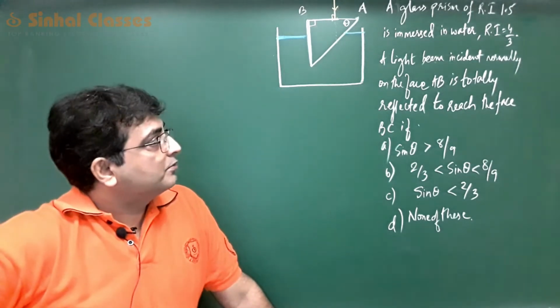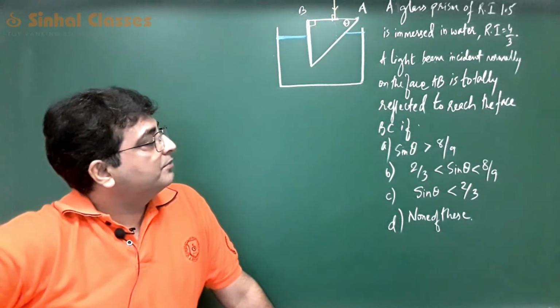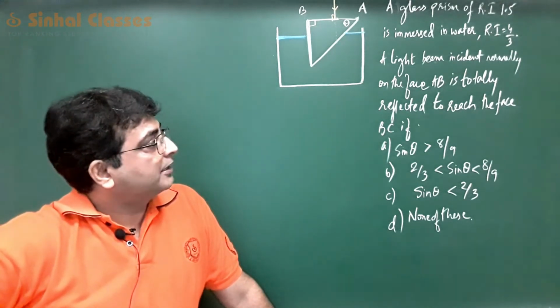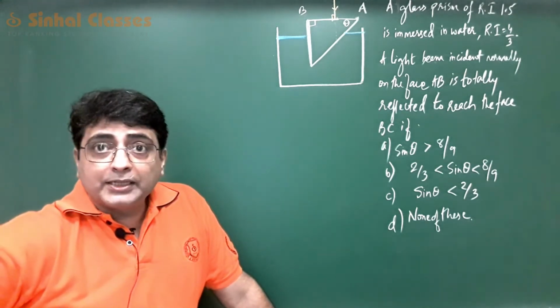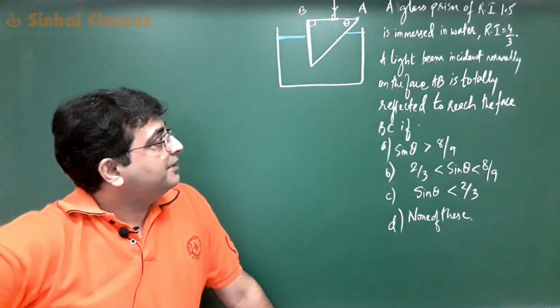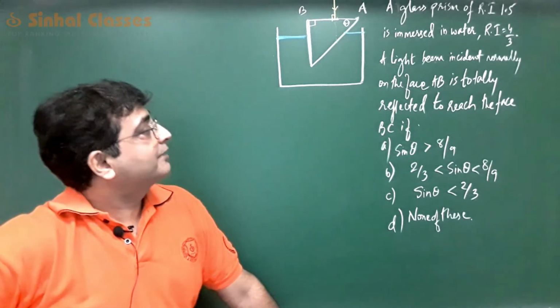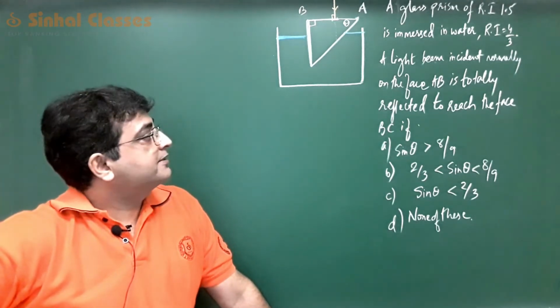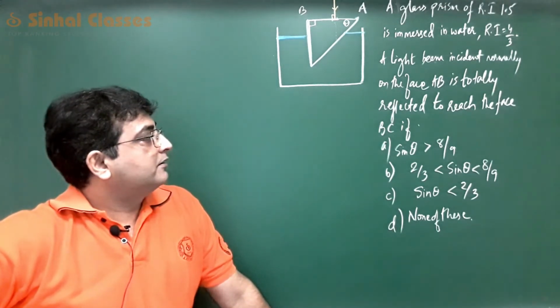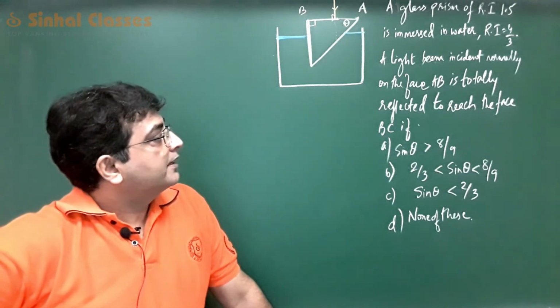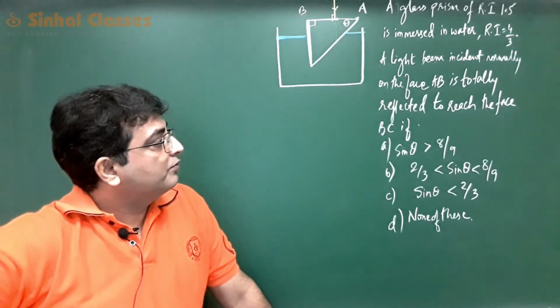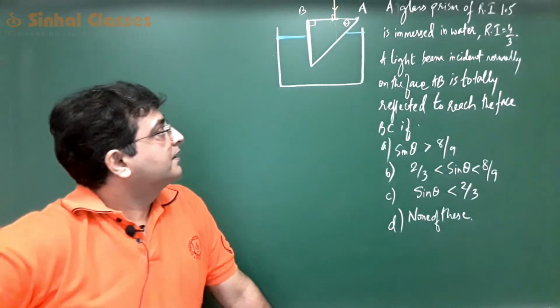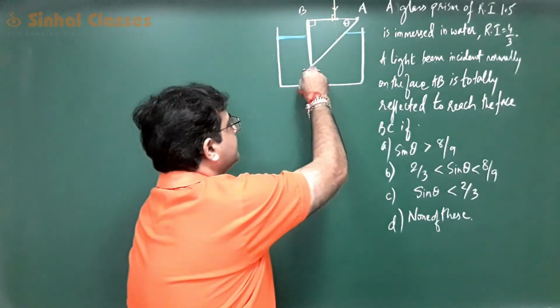The refractive index of water is 4 by 3, that's 1.33. A light beam is incident normally, that means at an angle of 90 degrees, on the face AB of this particular prism, and it's reflected to reach the face BC.